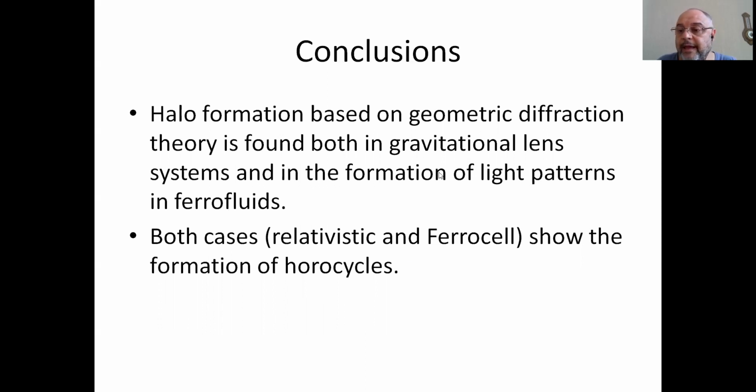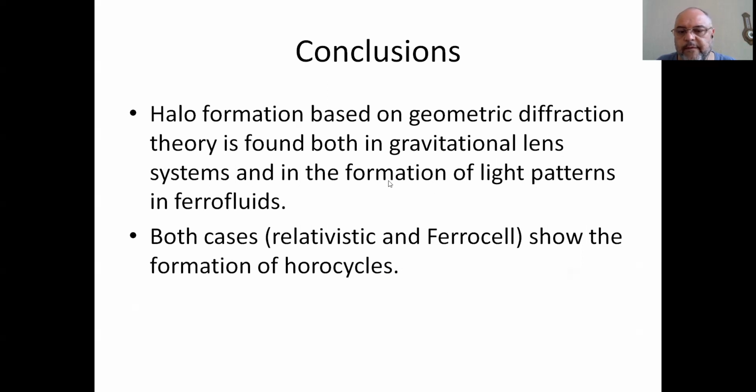In this way, we have in both systems some kind of hyperbolic lens.